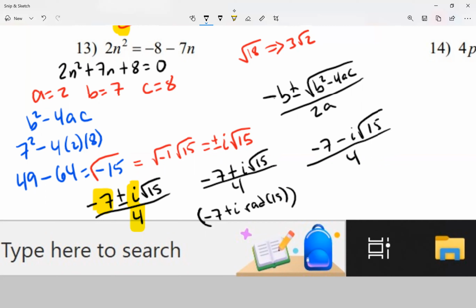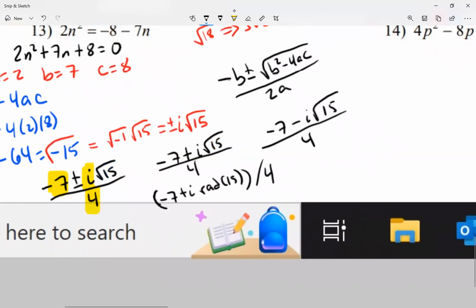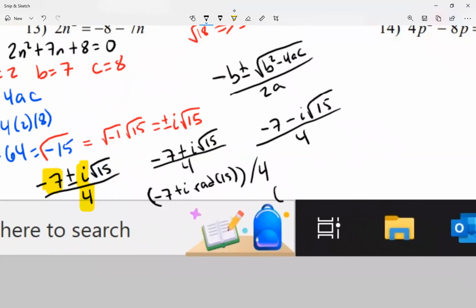Over 4. My other answer, I'm going to put that in parentheses: negative 7 minus i radical 15, everything over 4. You will have to type some of these in your homework. That's what I'm going over, so you guys know how to type this out.